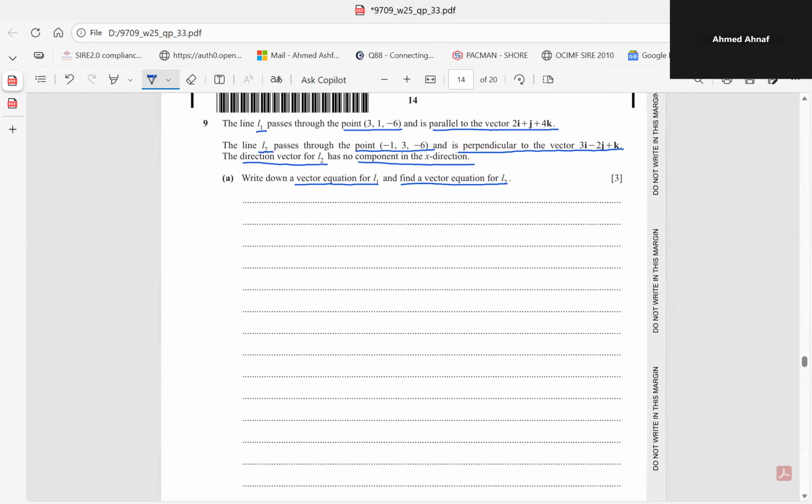So let's start with L1 first. L1 is pretty straightforward. The vector equation, if you don't remember, consists of a point on the line. In this case, they already gave us the point 3, 1, -6, so we can write it down. And this is added to a direction vector of L1.